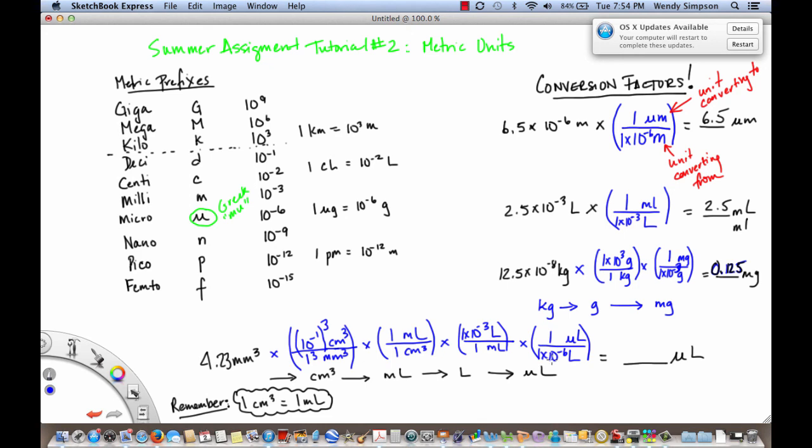Okay, and we end up with 4.23 microliters. So this is a case where we actually have 4 conversion factors that we need here. Remember that in this first conversion factor, I'm working in volume, so I used my length conversion. I converted it to a volume conversion by cubing everything. I cubed the number value as well as the unit value.